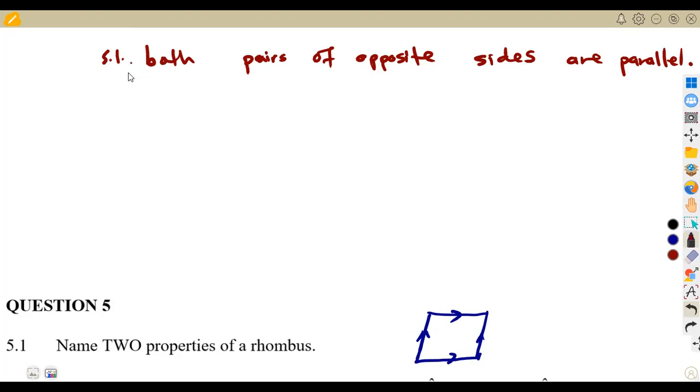All right, so the difference will be that all sides are equal, which is something that we have also on a square.